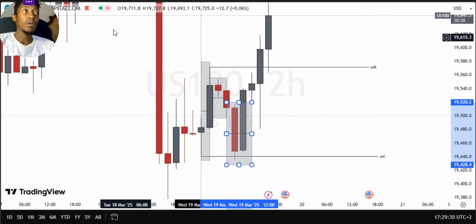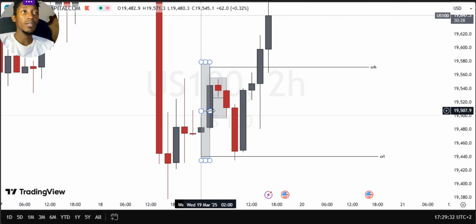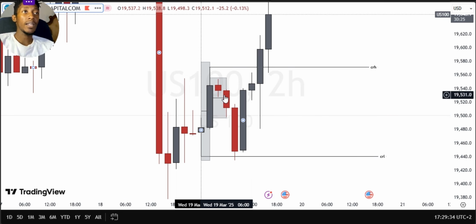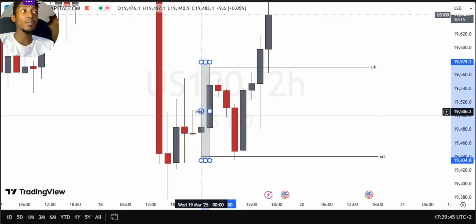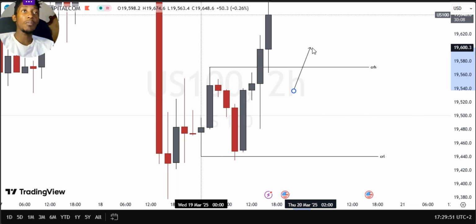With this concept, whenever you mark your candle range high and your candle range low, you wait for the market to either sweep the high or sweep the low. So if it's like this, you wait for the market to sweep this candle range high, and then you look for the market to give you a push inside the zone.